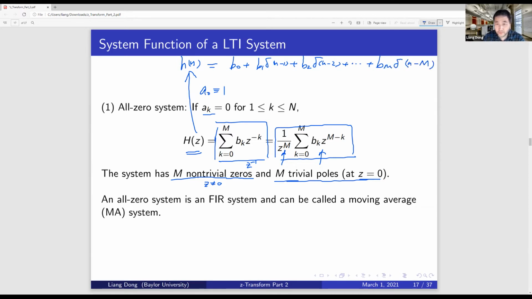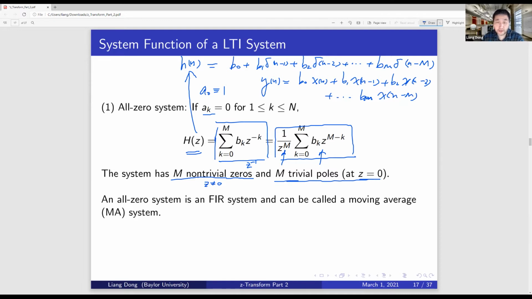So what we have here is just a set of delays. Now, if I put that as y[n], simply y[n] is b0 x[n] plus b1 x[n-1] plus b2 x[n-2], all the way to bm x[n-m].